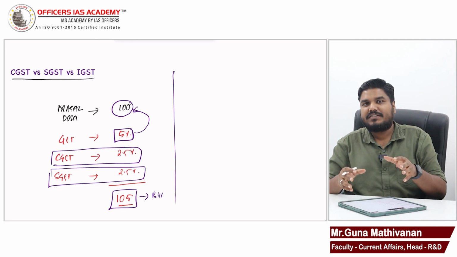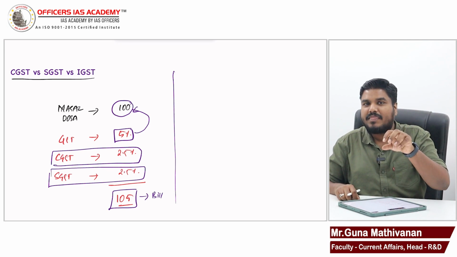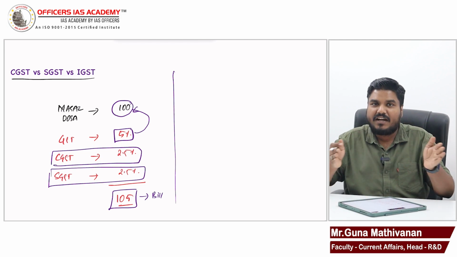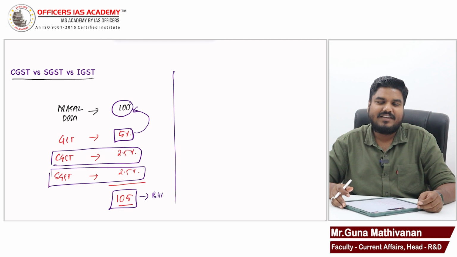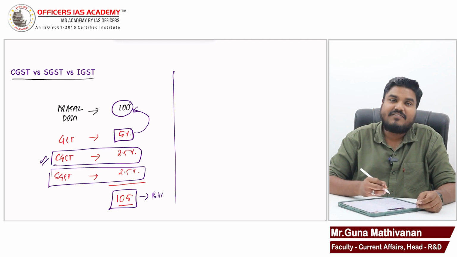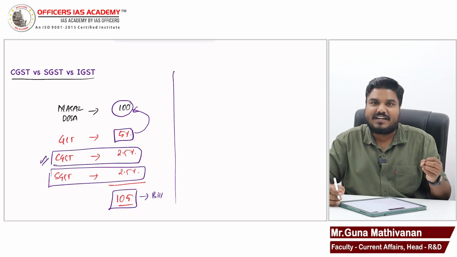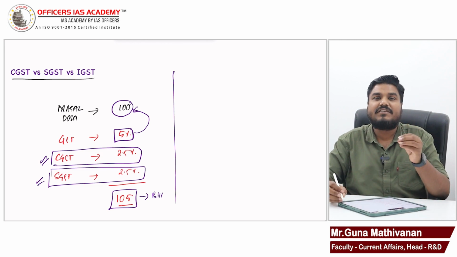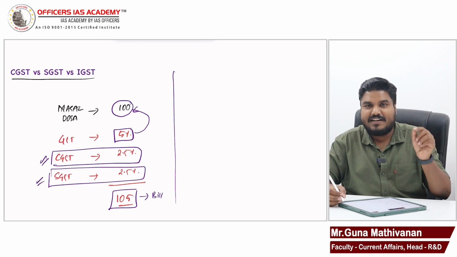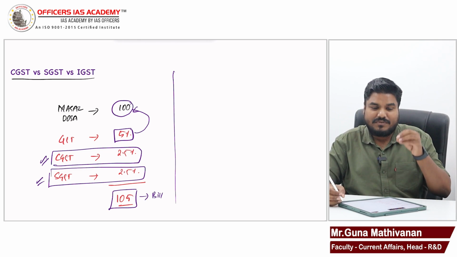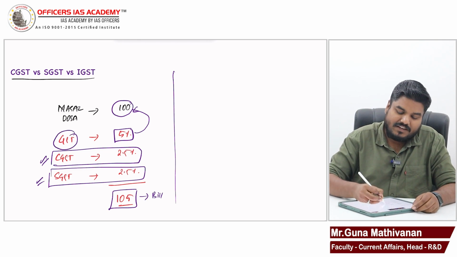So now how does it work? GST will be collected, and that GST revenue will be shared between the center as well as the state. Here the CGST refers to the central share, and SGST refers to the state share. See, GST is 5%.